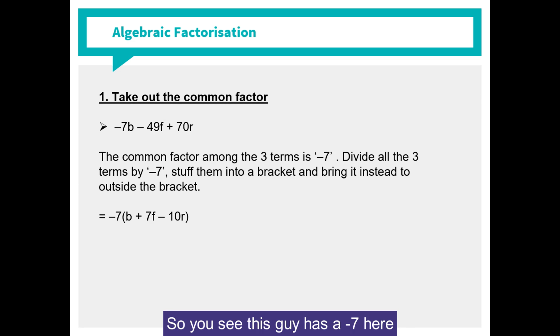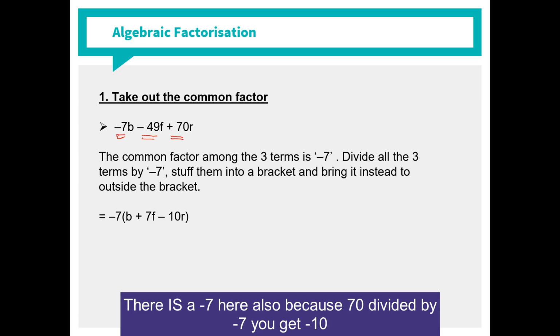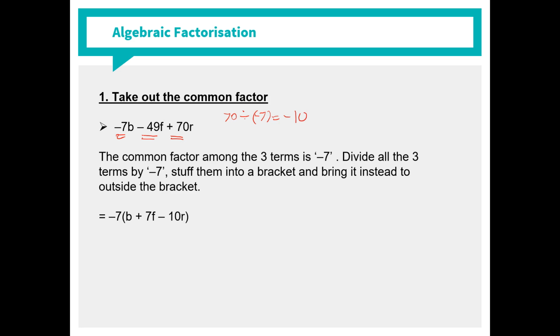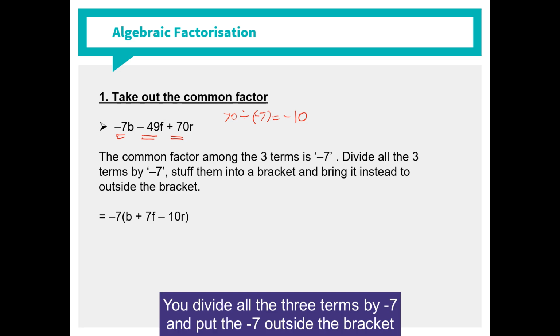So you see this term has a -7 here, there's a -7, and there is a -7 here also, because 70 divided by -7, you get -10. Right? So to put this into practice, you divide all the three terms by -7 and put the -7 outside the bracket.